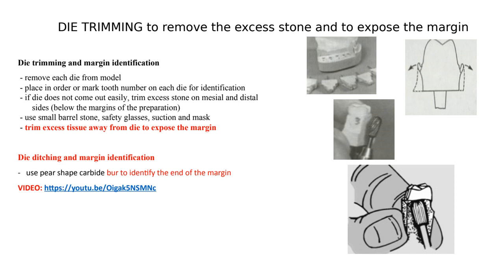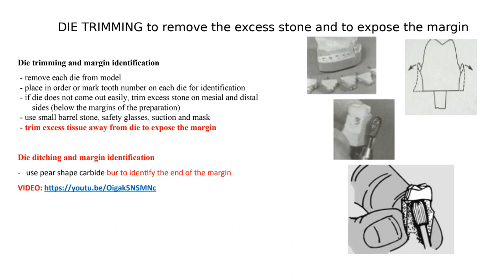Now, ditching is exposing the margin. Ditching is the process in which we grind the stone so that the margin is showing. We can use a pear-shaped carbide to do the margin.